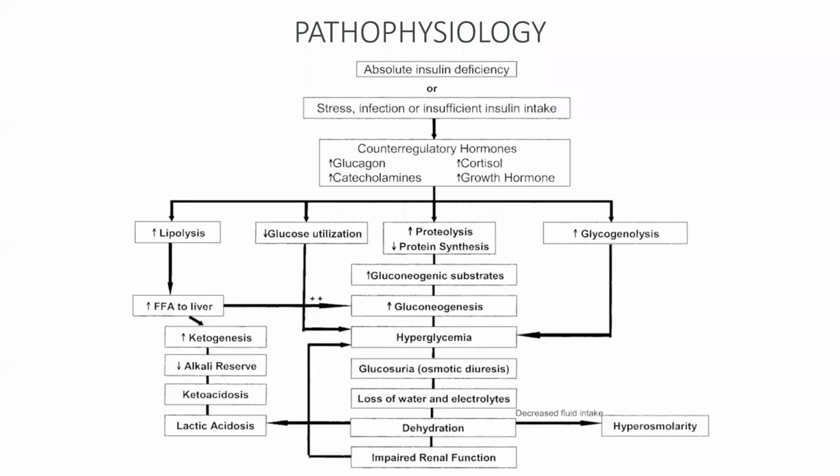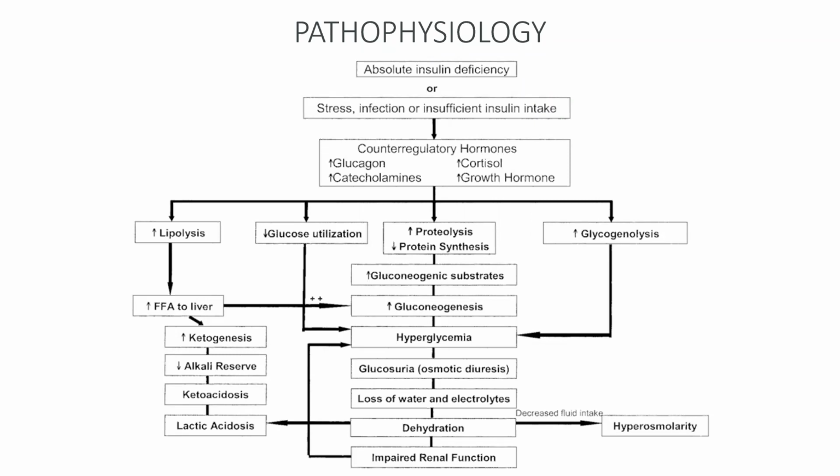So we can actually link the precipitating factors that we have already discussed earlier, the 5 I's, to this. Having an infection or a stress to your body will cause your body to be unable to respond to insulin well. Therefore, it will lead to DKA.